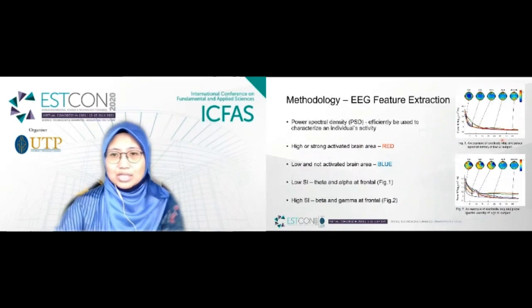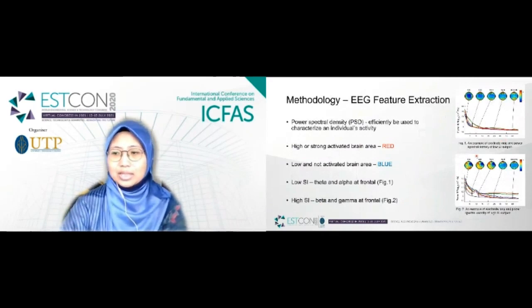So figure 1 represents a low interest subject, where theta and alpha are more activated at the frontal area, while for a high situational interest subject, beta and gamma were activated at the frontal area.